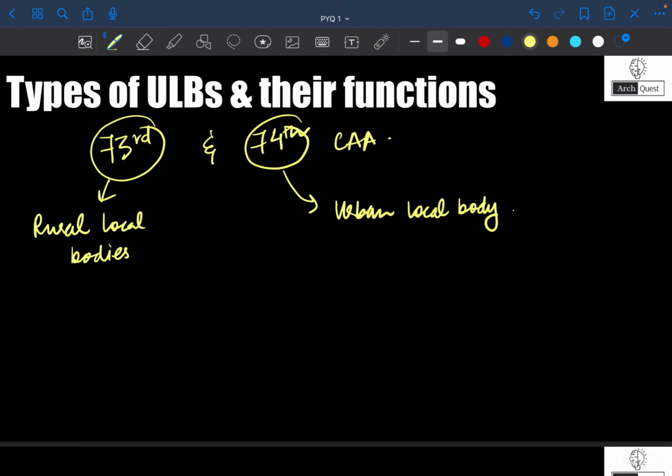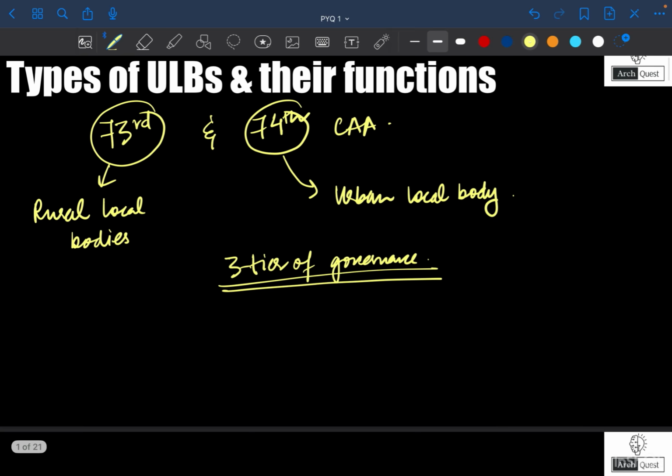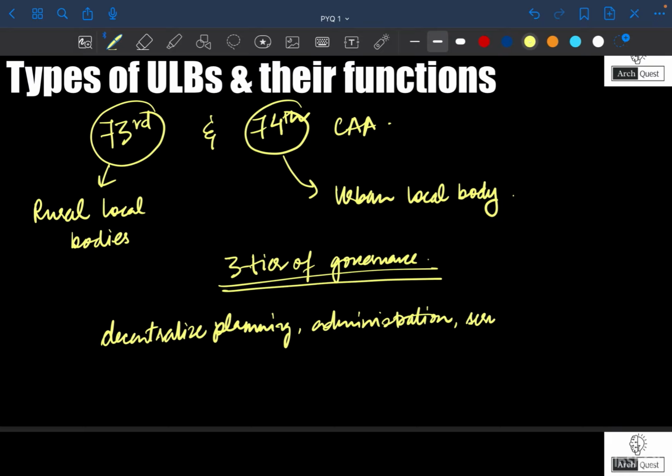Together, these amendments created the three tier of governance. This is a very important point to note. The basic aim of the 73rd and the 74th Amendment Act was to decentralize planning, administration, and service delivery.